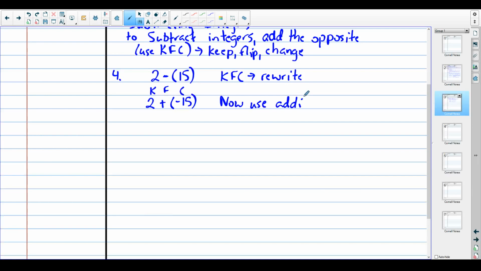So now we use our addition rules. So we look, are the signs the same or different? So we say different signs. So we're going to subtract, and keep the sign of the higher number.